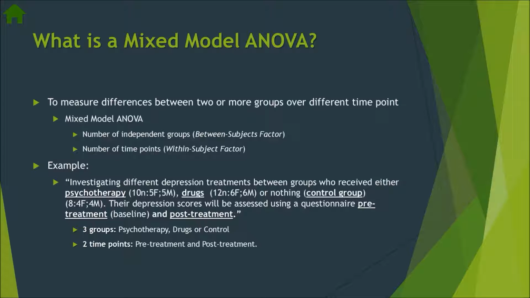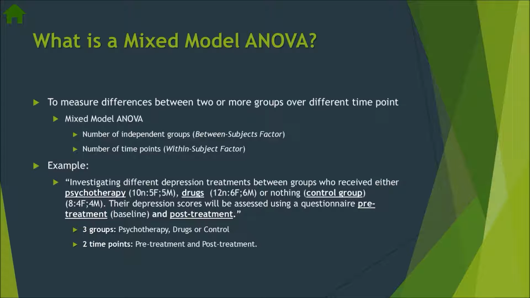So for a mixed model ANOVA, we can compare the differences within groups over the time points, the within-subject factor, and we can also measure the differences between the groups, known as the between-subject factor.